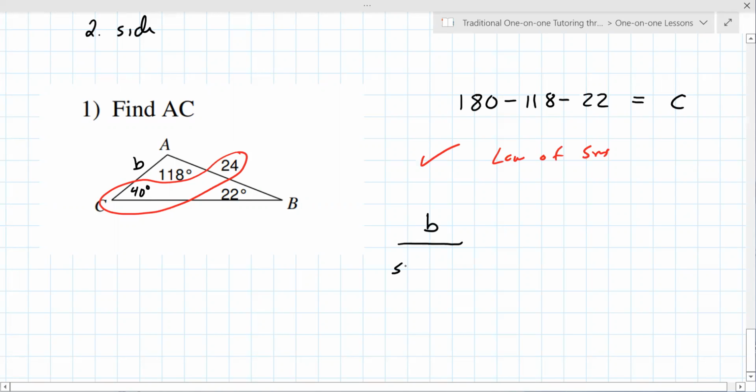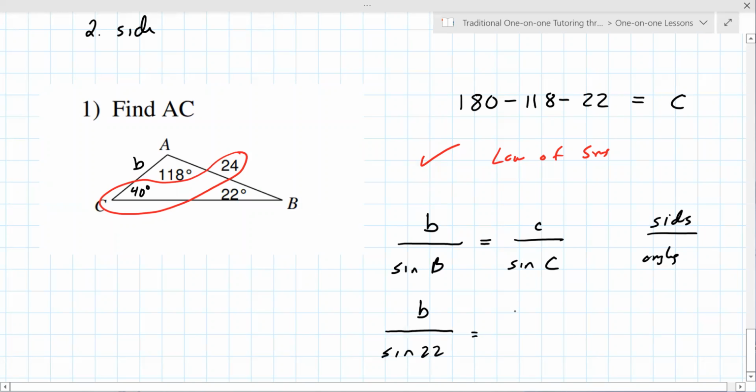So it's b over sine big B equals, and now you use the one that's given, little c over sine C. You can either have sides on top and angles on the bottom, or switch everything so the angles are on top and the sides are on the bottom. Now you substitute in what you know: big B is 22, little c is 24, and angle C is 118.